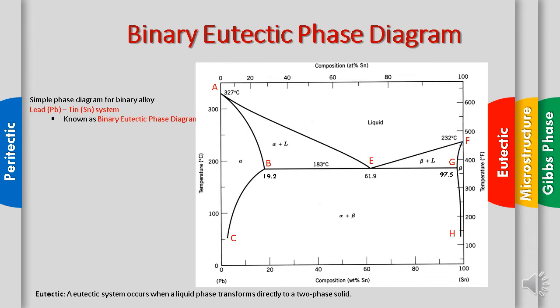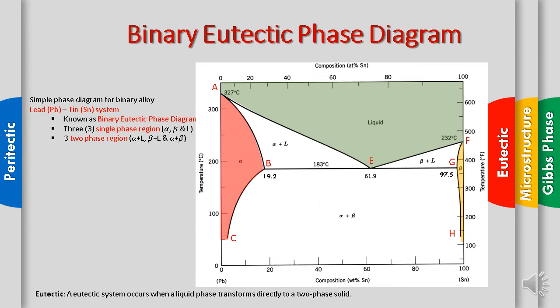This is because we have three single phases: alpha, beta, and liquid, whereby we have alpha here, and also we have beta, and we have the liquid at the upper region.